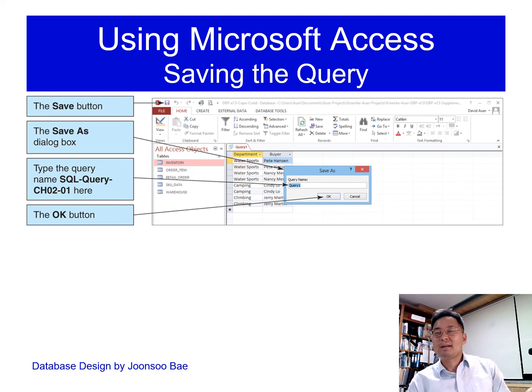Then we must save those queries in order to analyze them and make corrections. At that time we can save the queries. In order to save the query, you can use the Save As dialog, type the query name here, then OK. That will be saved. Or you can right-click the mouse here, then there is a Save context menu, and you can save the queries also.